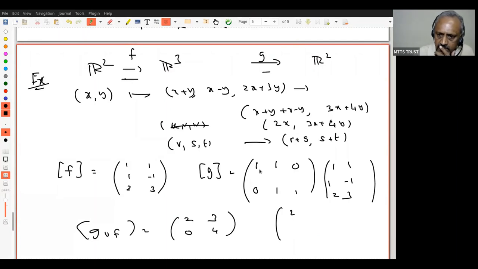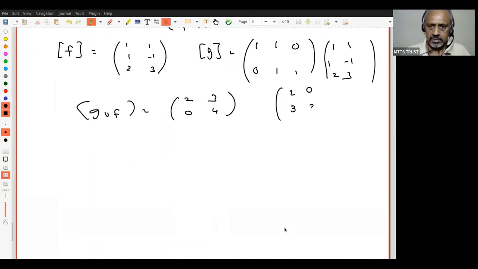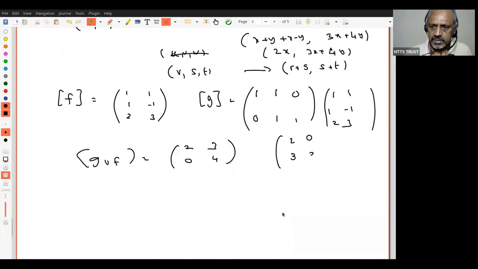Okay, let us say first row by first column, 1 into 1, 1 into 1, 0 into 2, 0, therefore it is 2. 1 into this is 0, and this will be 0 into 1 into 2, 3, and this will be 0 into minus 1 plus 3, therefore it will be 2. 2 plus 2, 4. Okay, I'm making a mistake. Let us see.